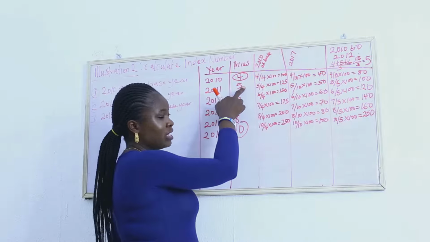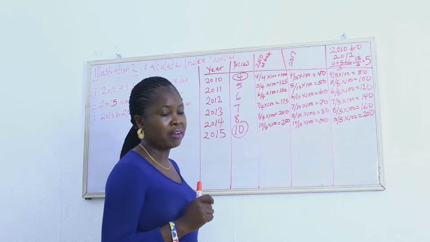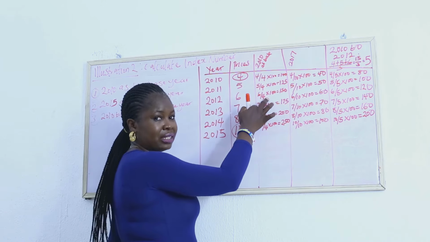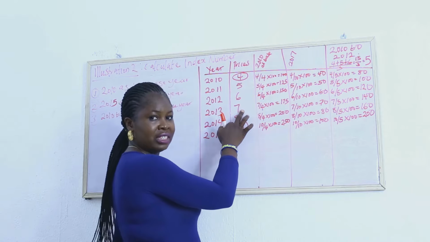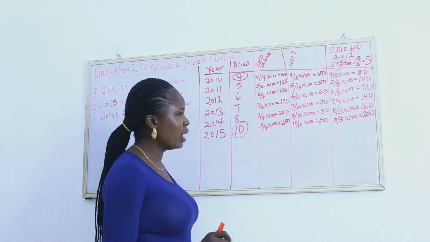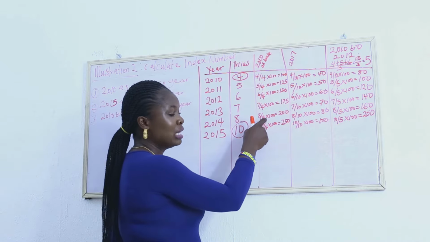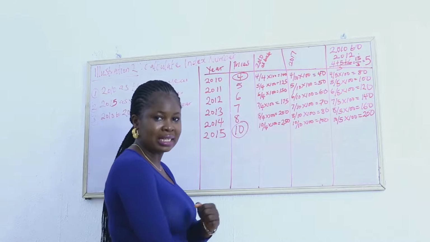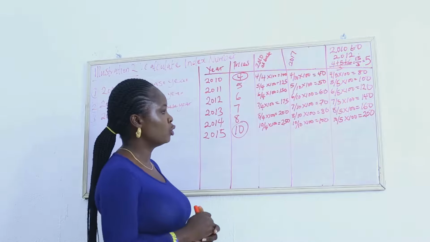Then the current price for the second one is 5 divided by 4, times 100, we have 125. Then 6 divided by 4, times 100, we have 150. Then 7 divided by 4, times 100, that's 175. Then 8 divided by 4 times 100 is 200. Then the last one is 10, divided by 4 times 100 is equal to 250.